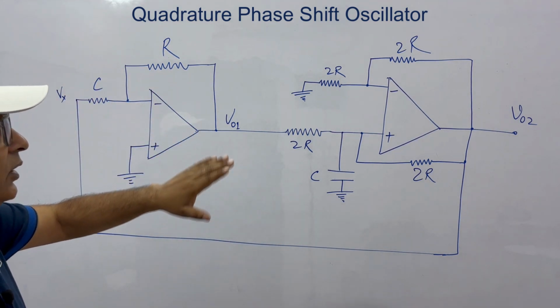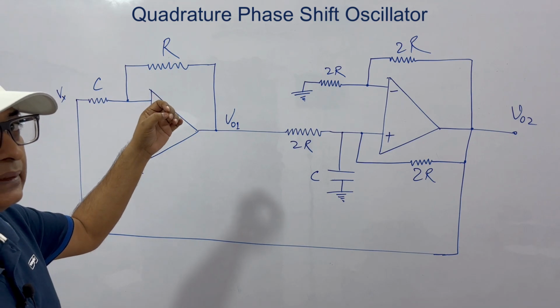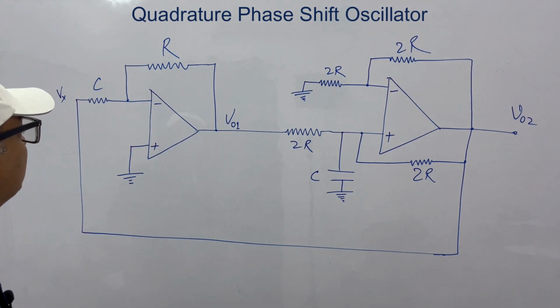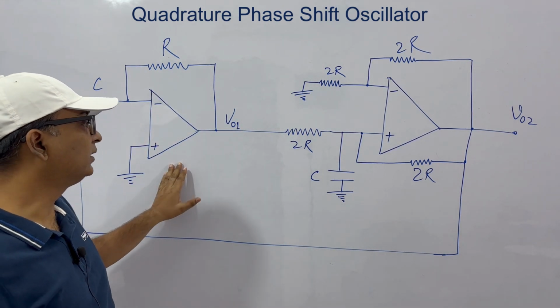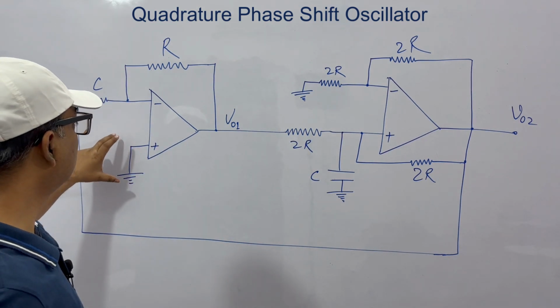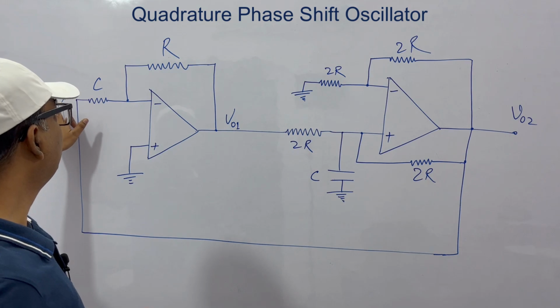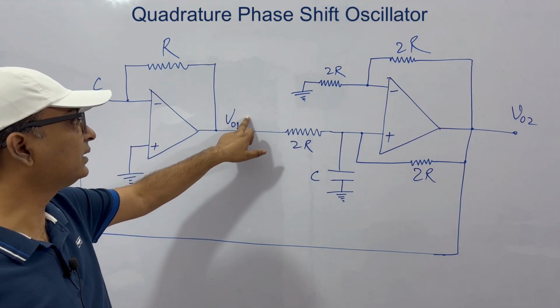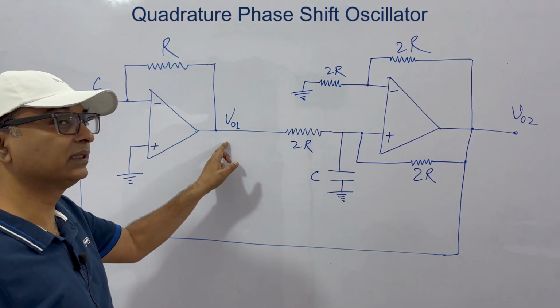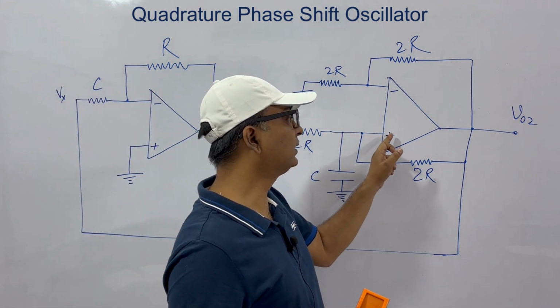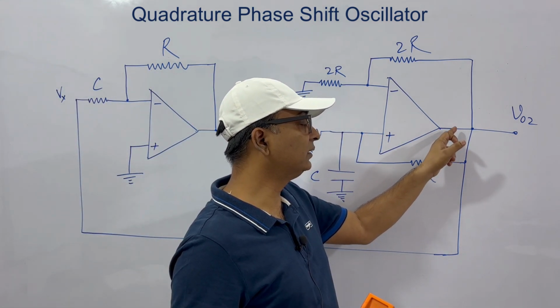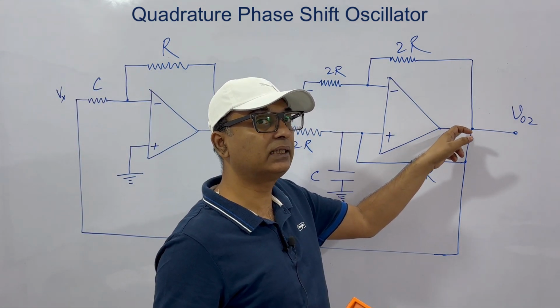So I am re-explaining this, and then we'll see the expressions for the frequency. Again, these two are integrators. This is in inverting mode and this is in non-inverting mode. Vx is the input signal that has a plus 90 degree shift after crossing this inverting integrator. Then in the next integrator, it has a minus 90 degree shift.